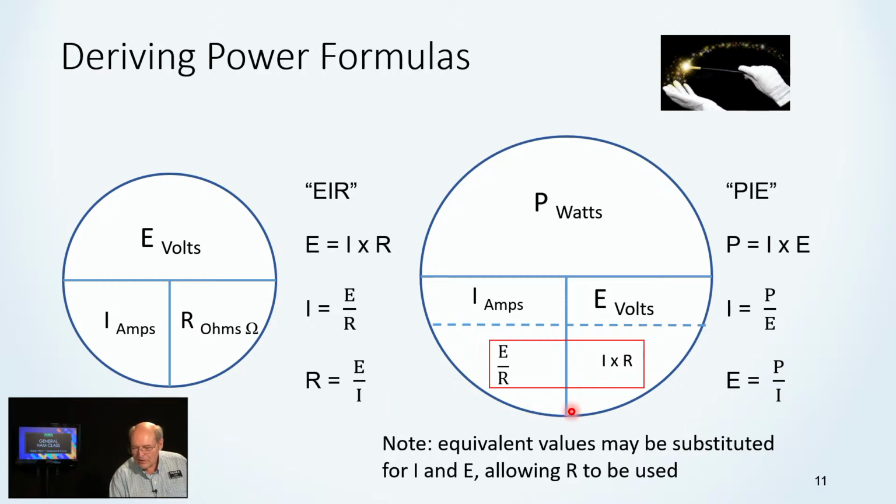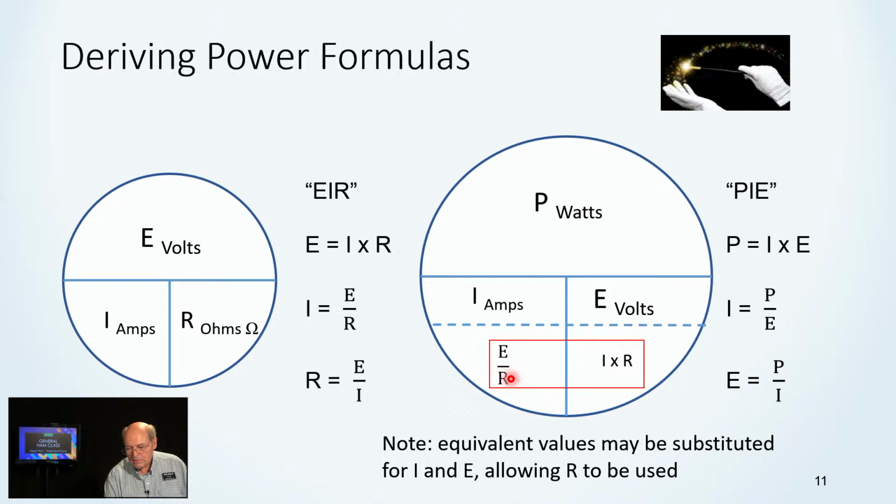So we look over here in the power circle. It's normally P-I-E. And there's an equivalence here. I happens to be the same as E over R. See over here, I equals E over R. So instead of making the formula P for PIE, we could put E over R in this box, and it would do the same thing.